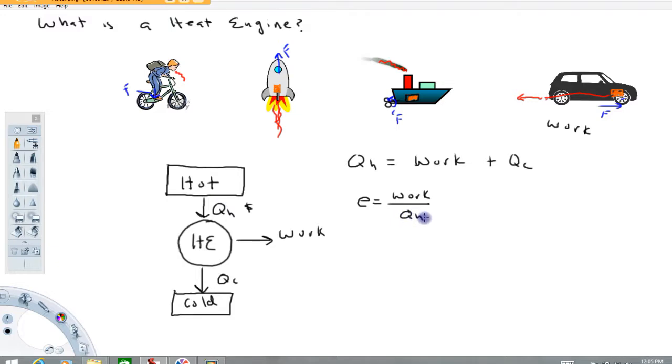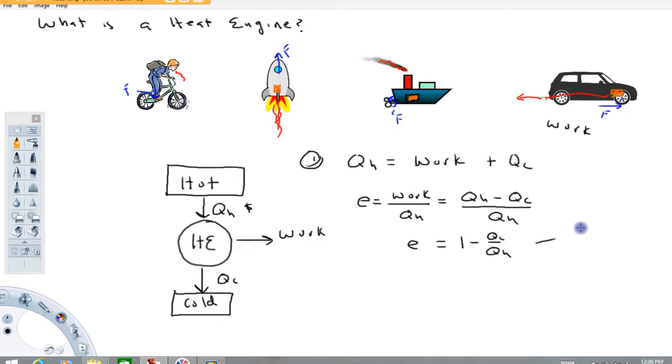Now, the work term, you'll notice from what I'll call equation 1 here, if I solve this for work, it would equal Q sub H minus Q sub C. I'm going to make that substitution. And you'll notice if I separate these out into the two different fractions, Q sub H over Q sub H is 1. And we get another equation here for the efficiency.